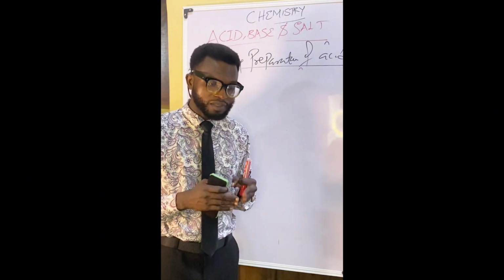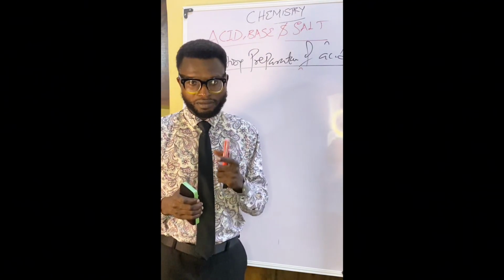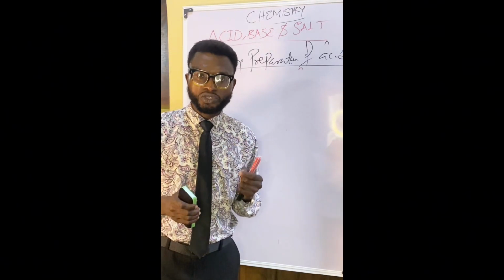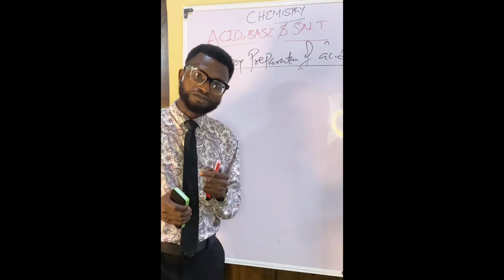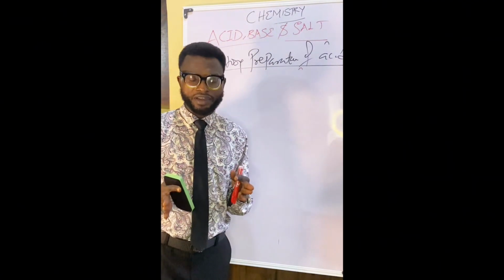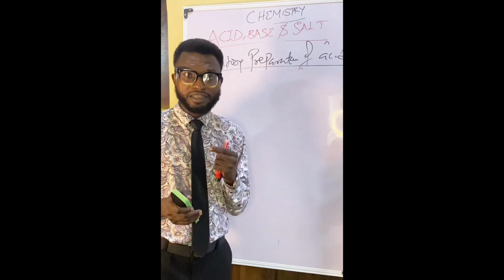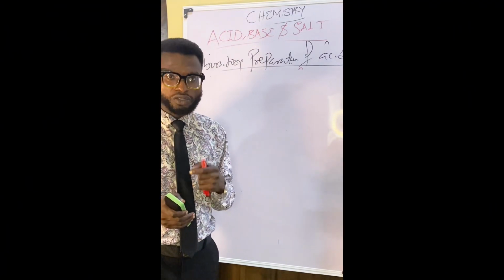Number three, an acid will turn moist blue litmus paper red, and phenolphthalein solution colorless. And also the concentrated form of strong acids such as hydrochloric acid, trioxonitrate 5 acid, tetraoxosulfuric 6 acid, and tetraoxochlorate 7 acid are potentially corrosive.